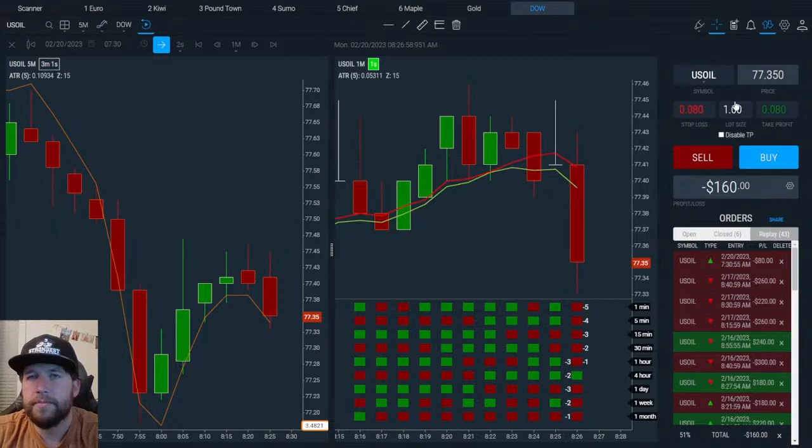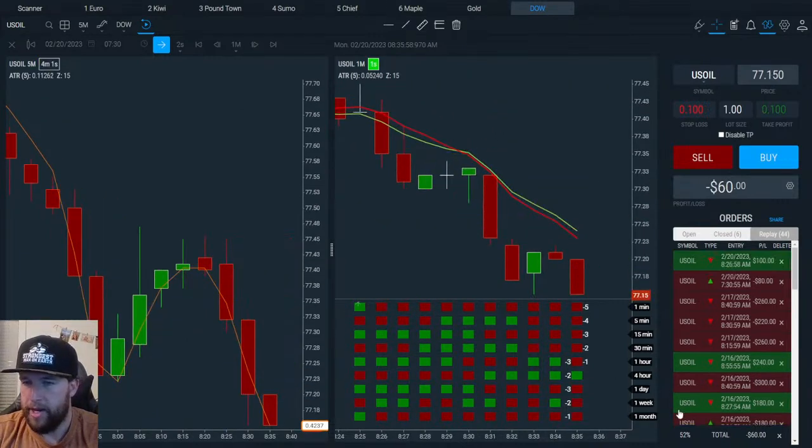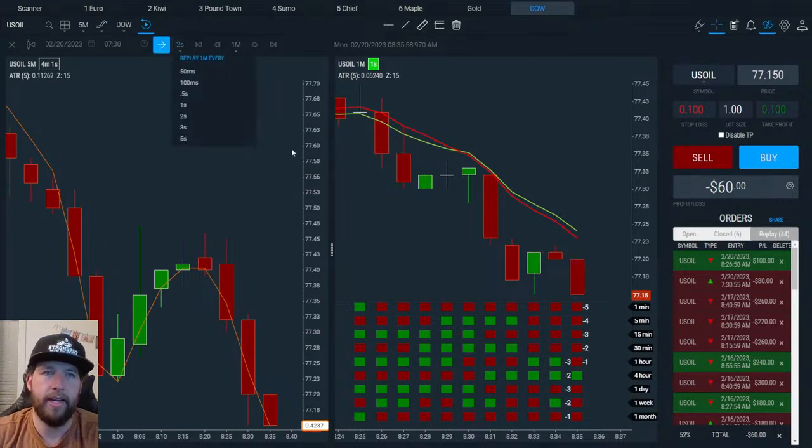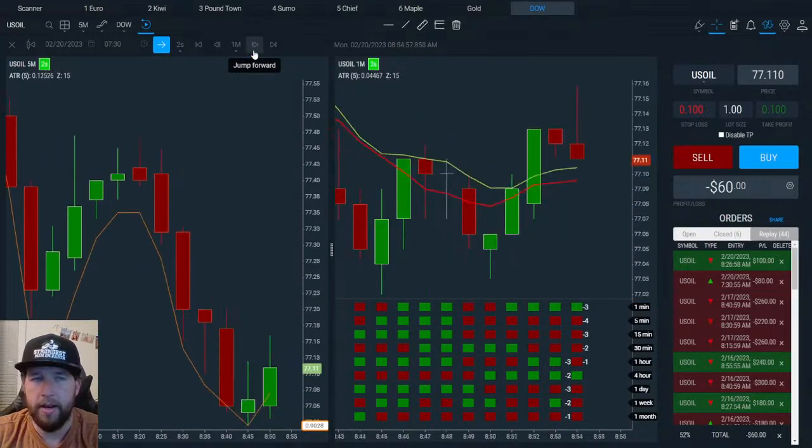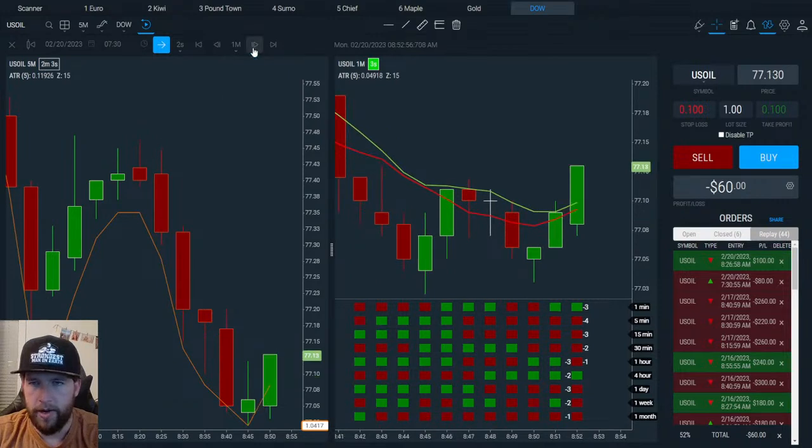There's the sell. I'm actually surprised at this point that we have a winning percentage on this pair so far, or on oil, because in the past months of backtesting this pair, it's been very bad. So I'm actually surprised.